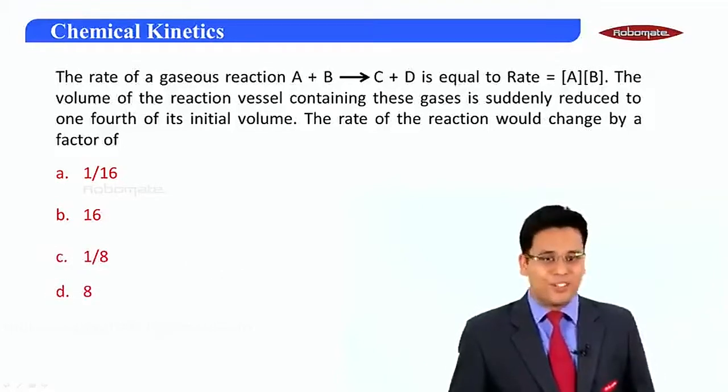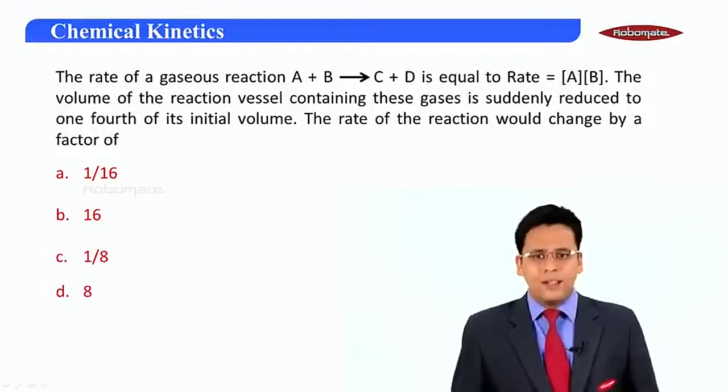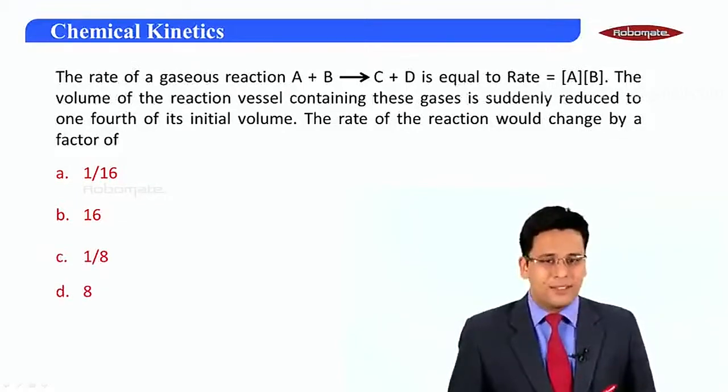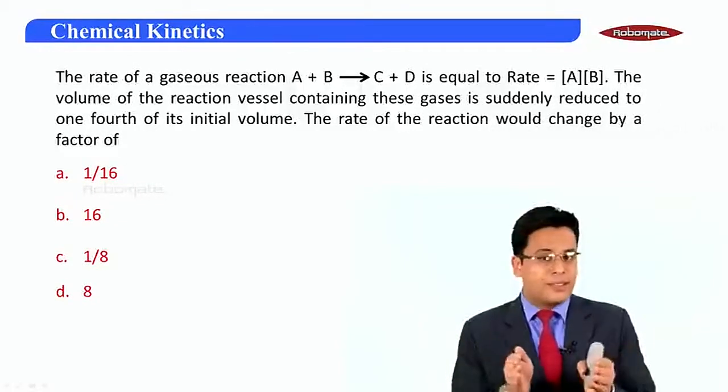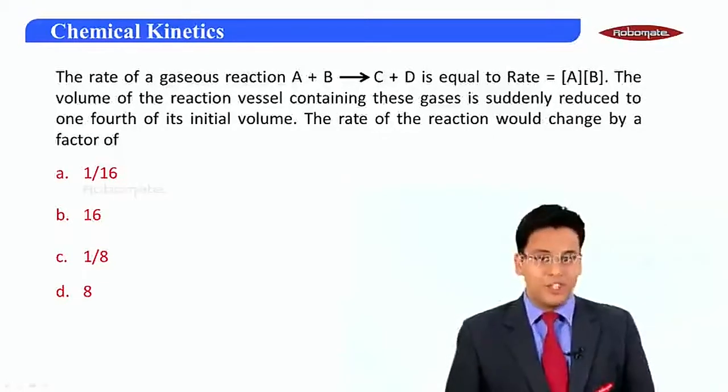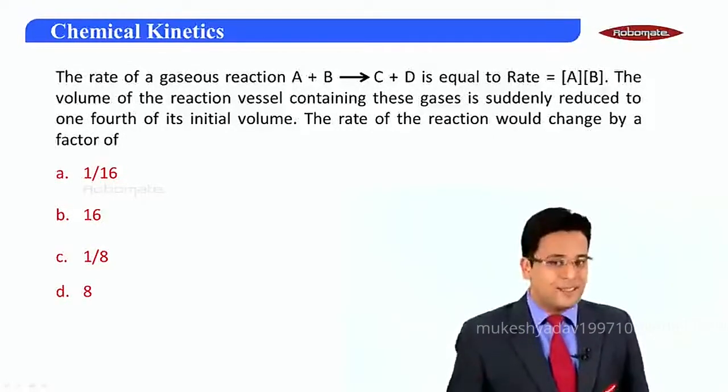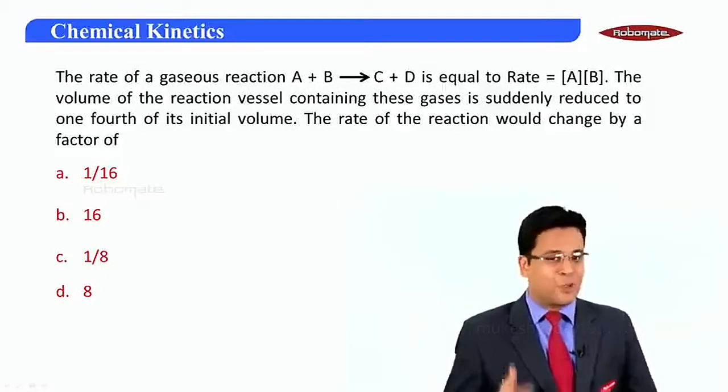So these are the options that are given to us. Here, it is fairly obvious that the volume is decreasing. It's becoming 1/4 of its initial value. So, if volume decreases, the concentration has to increase.